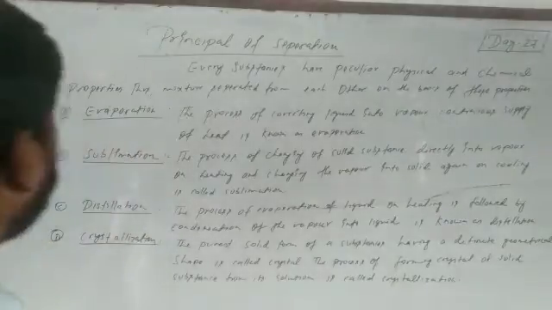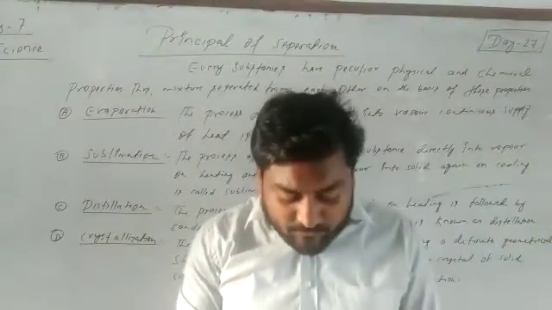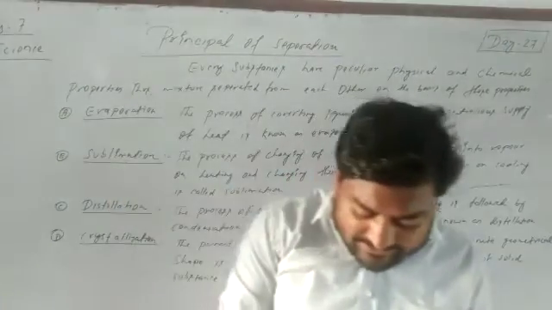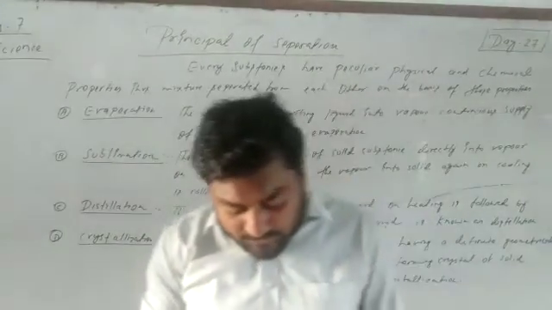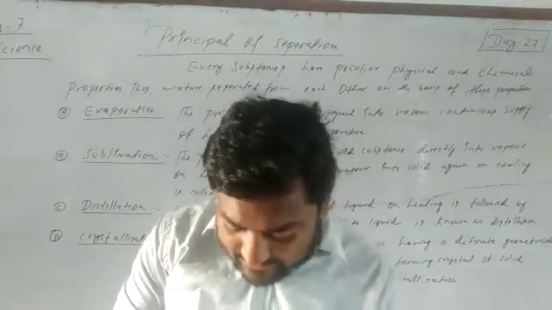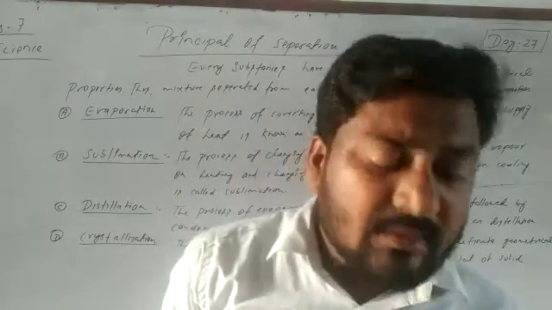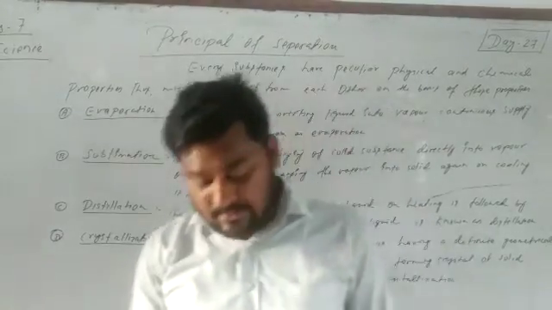Now B, sublimation. Sublimation means few solids such as iodine, camphor, ammonium chloride, dry ice, etc. are volatile substances. If they are heated, they directly change into vapor. Take the example of camphor.